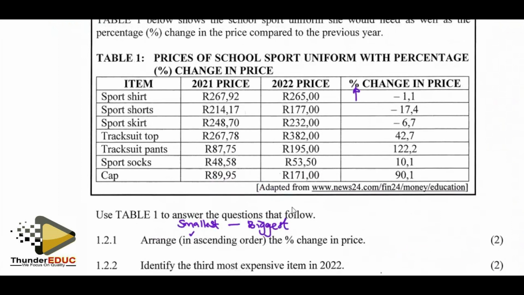This is where we are. So what's the smallest value? This is the smallest value, followed by this, followed by that, followed by this, followed by this, then followed by this, followed by that. At last we have this much. So if you write it, don't forget to put the signs there.